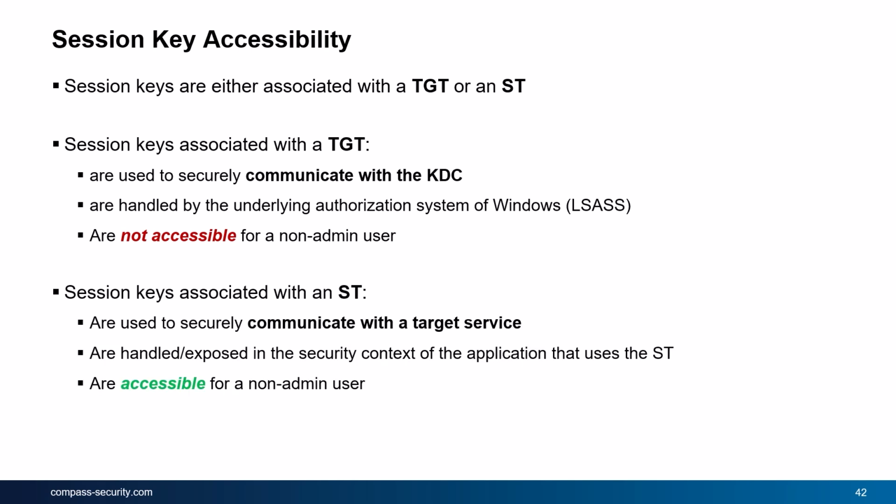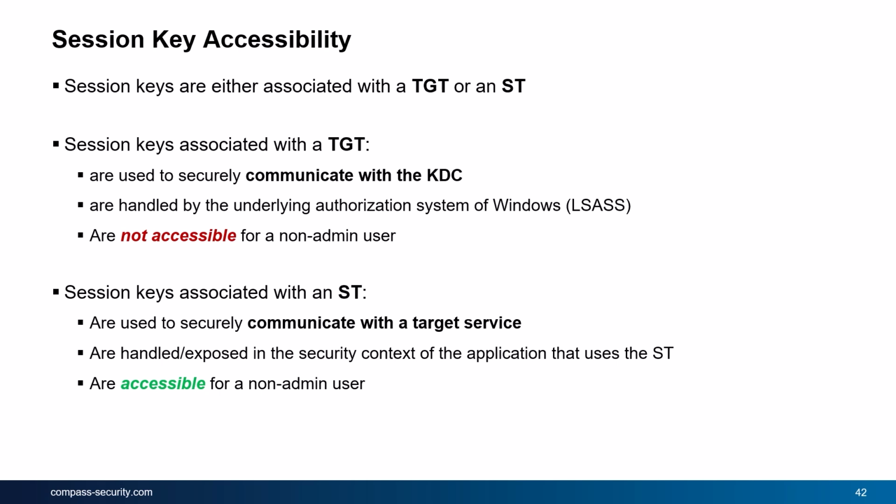However, session keys associated with service tickets are used to communicate with a target service. And this is typically done from a user application. So you start an application and this application then wants to communicate with a service. The session keys and the associated key material are handled or exposed in the security context of the application that uses the service ticket.